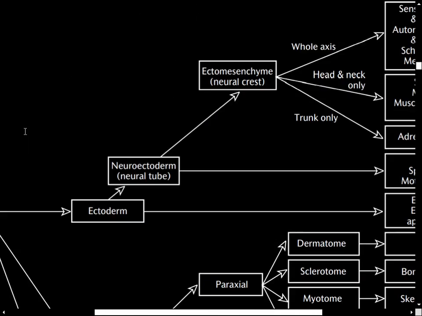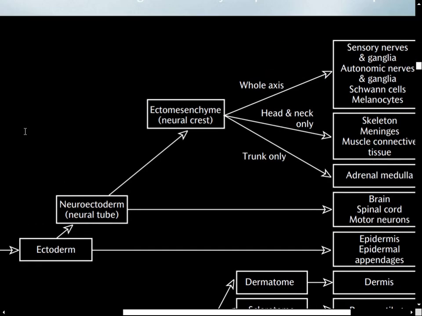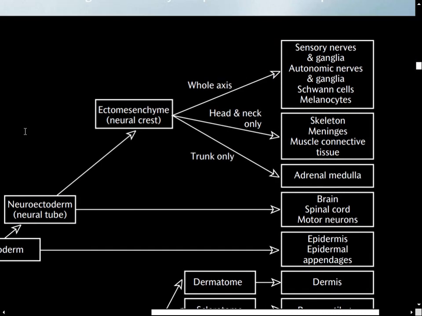Ectoneuro, ectomesenchyme, neural crest. Whole axis, head and neck only, trunk only: sensory nerves and ganglia, autonomic nerves and ganglia, Schwann cells, melanocytes, skeleton, meninges, muscle connective tissue, adrenal medulla.